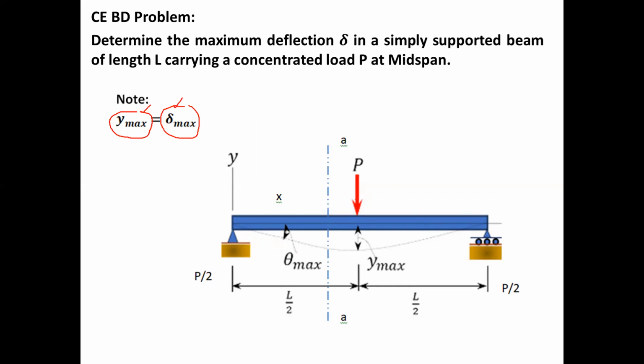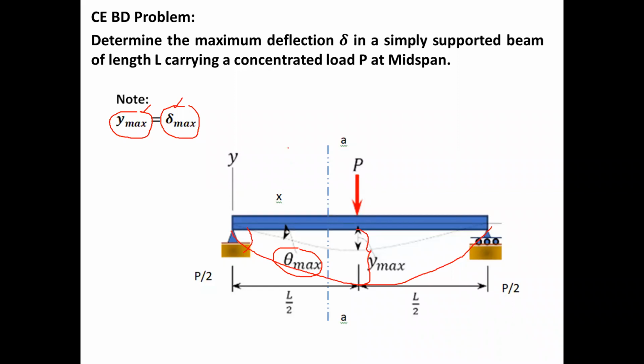Now, actually, kapag hinanap mo ang Y max, may una tayong mahahanap. Ito yung theta max, yung slope. If I'm going to draw the elastic curve, ganyan yan. Okay? So, ito yung hinahanap natin, yung ating maximum deflection. Ito naman, ito yung slope ng ating beam, theta max, so the maximum slope.